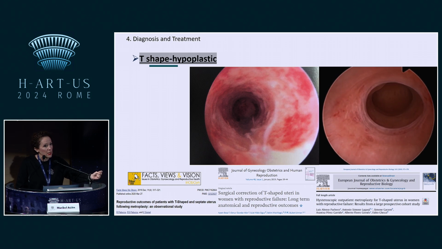But remember that if cervical incompetence is present, a cervical cerclage might also be needed.